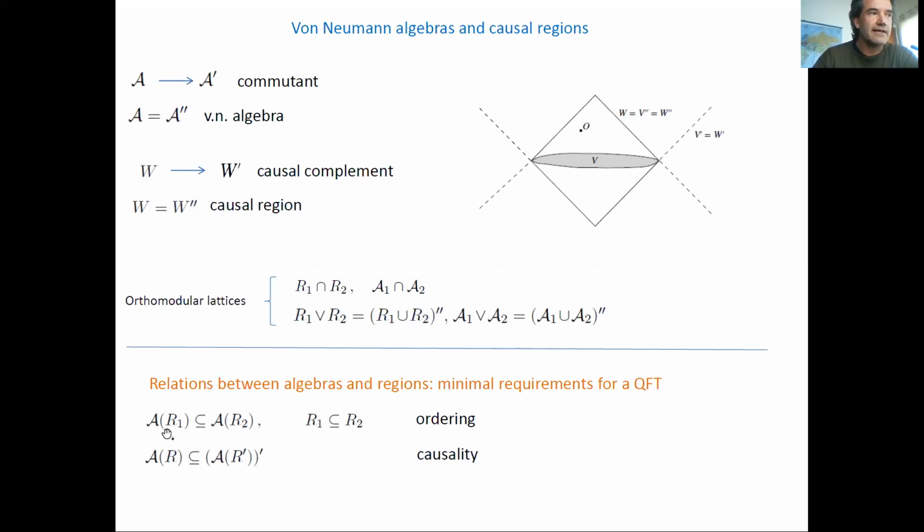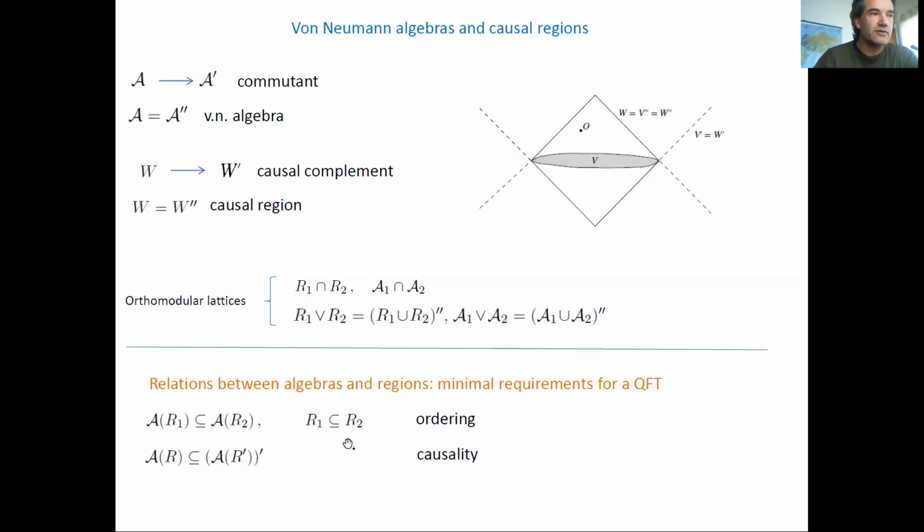One is that if you have a region that is contained in another one, the algebra of operators should be contained in the other one. This is kind of an ordering relation. This is natural because you think your operators are localized in the region, so if it's localized in a smaller region, it has to be localized also in the bigger region.